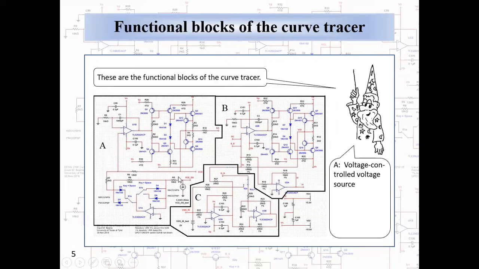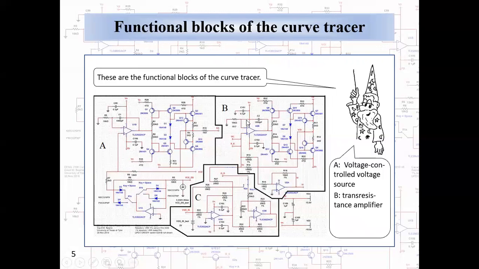That triangle wave is applied to a precision half-wave rectifier, so we can choose either the positive going half or the negative going half of the triangle wave. And then that is used to drive a gain of 6 voltage amplifier. The output of that amplifier becomes the stimulus collector to emitter voltage for the device under test.